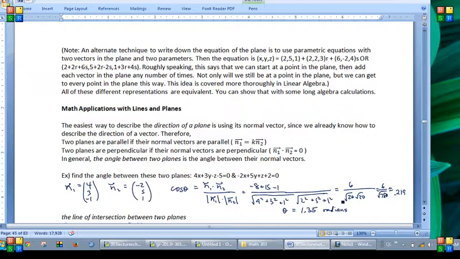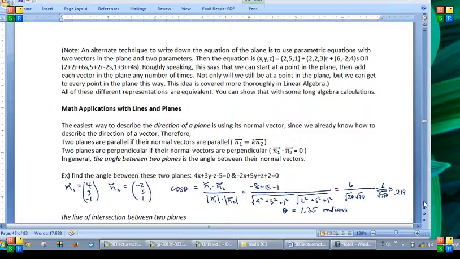Okay. So there you go. So that's the direction and the angle, direction of a plane and the angle between two planes.